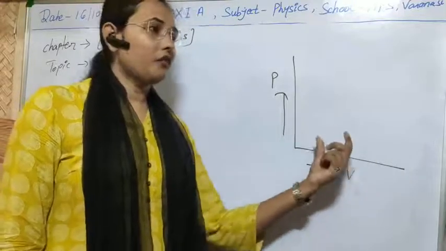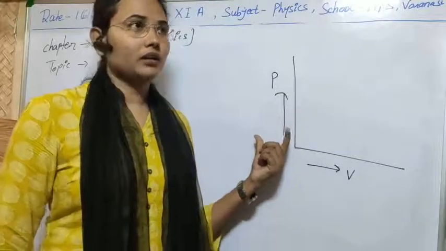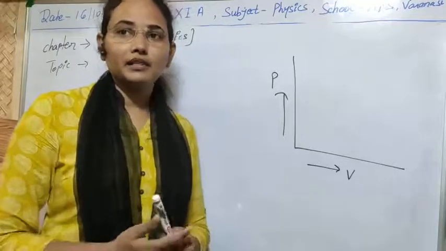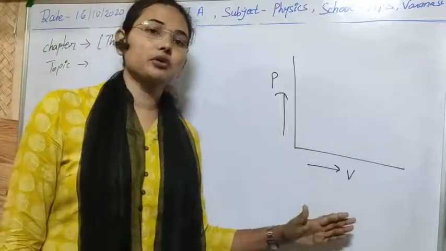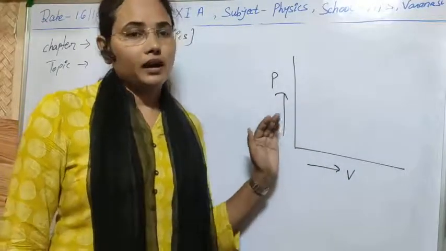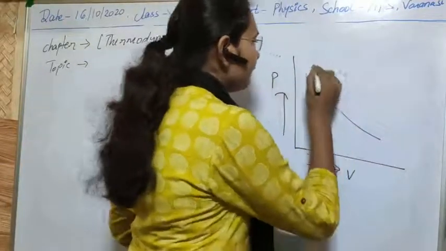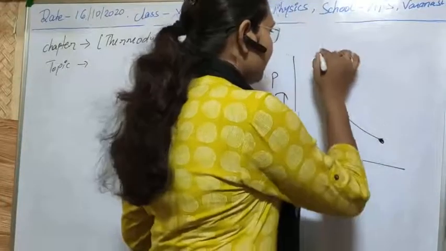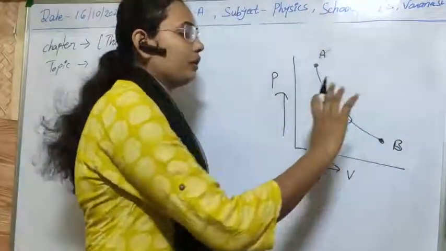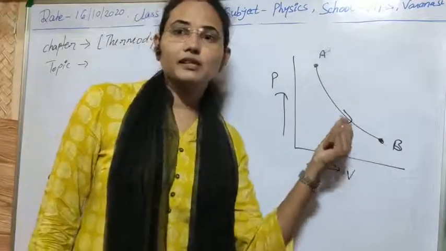But for most cases it is very convenient to use the PV diagram, because in isothermal there is no change in temperature, in adiabatic there is a change in temperature, and pressure and volume always change in both processes. So this is easily understandable in the case of the PV diagram. I think this is simple and clear to you. Suppose here is point A and here is point B, meaning this system is going to change state from A to B with any process.